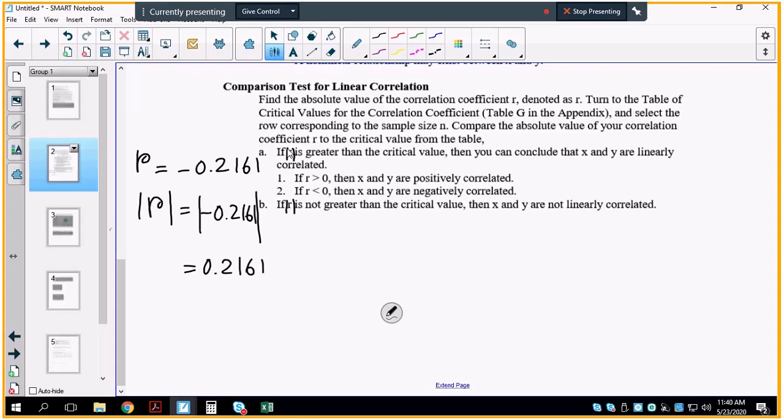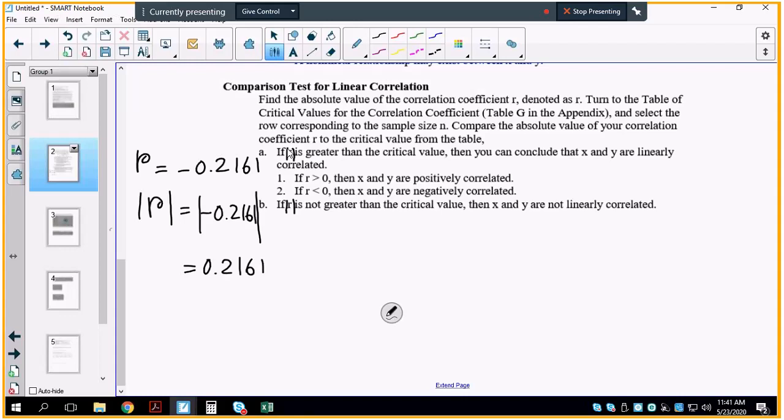If r is negative, you get to say there is a negative relationship. Whereas if the absolute value of the correlation coefficient is smaller than the critical check value, then we will say there is no relationship between the variables. So this pretty much has described the entire process of finding and interpreting properly the meaning of the correlation coefficient.